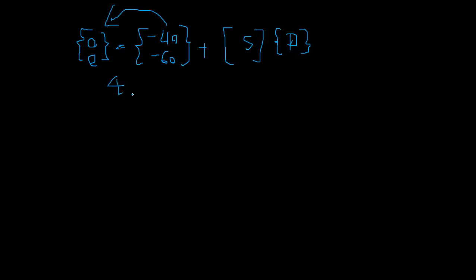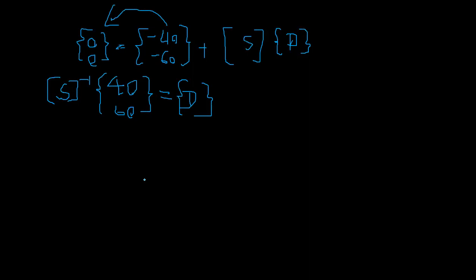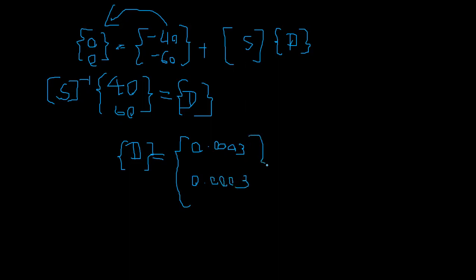This is 40 and 60 multiplied by the S inverse equals D. If you multiply it correctly, you should obtain D as 0.0003 and 0.0003, right?